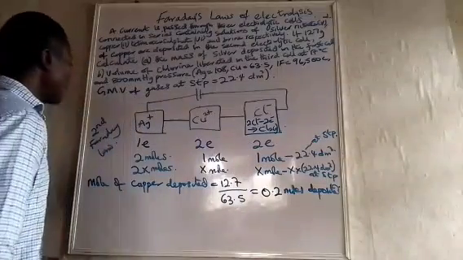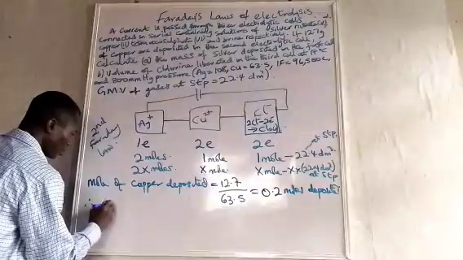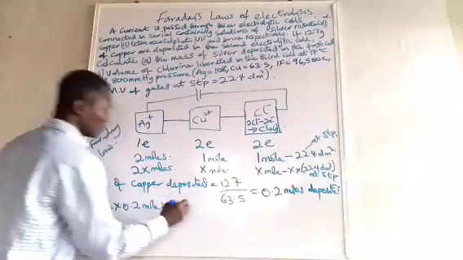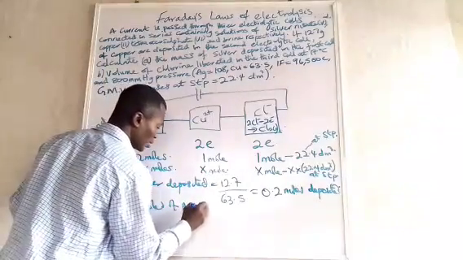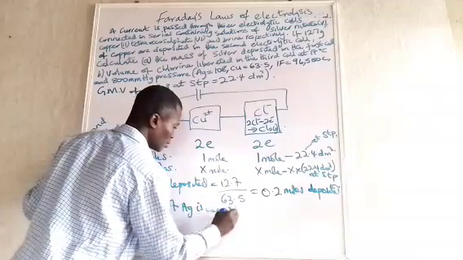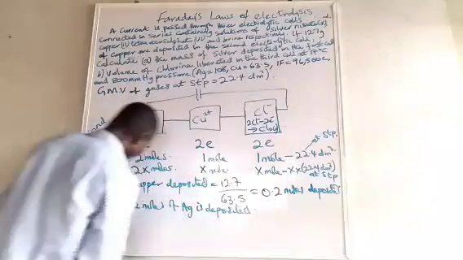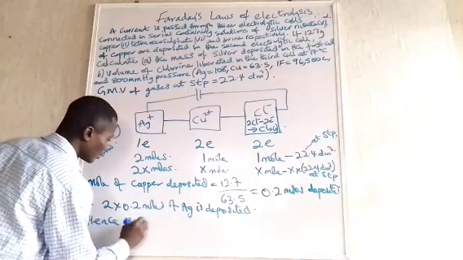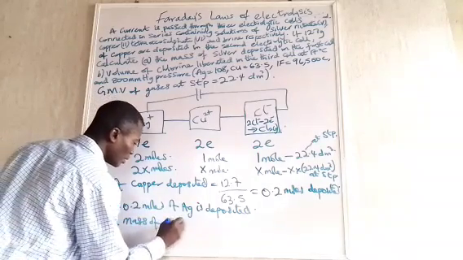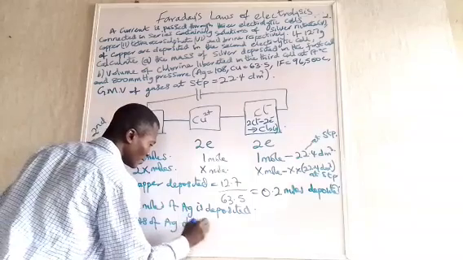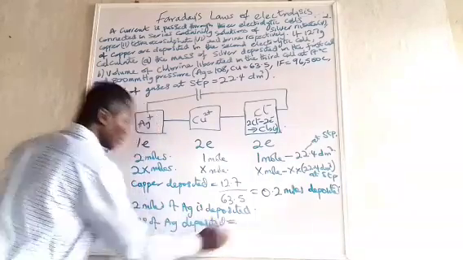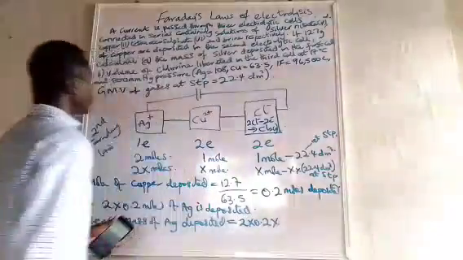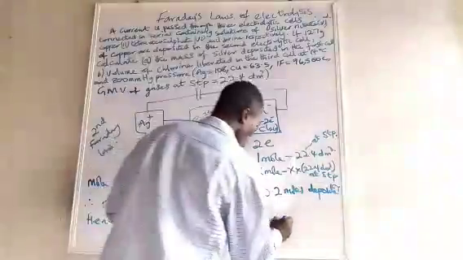So how many moles? Therefore, 2 times 0.2 moles of silver is deposited. Hence, mass of silver deposited will be equal to 2 times 0.2 times the molar mass of silver, which is 108.